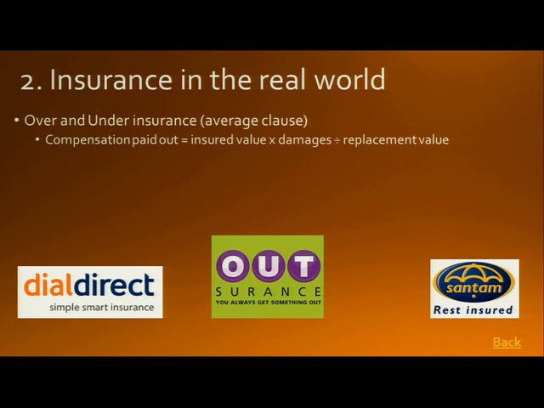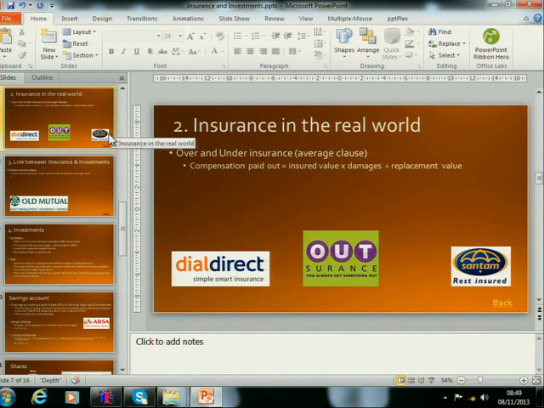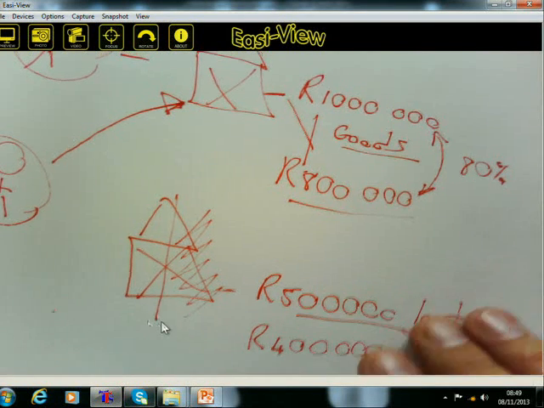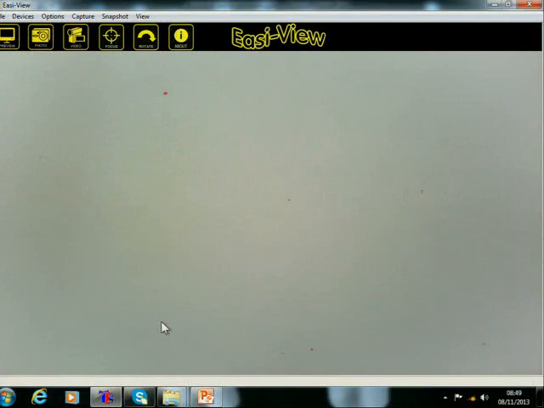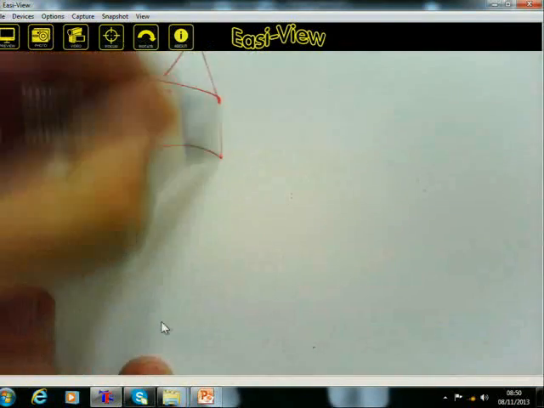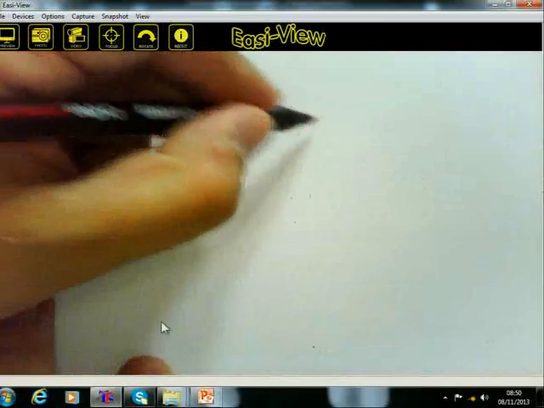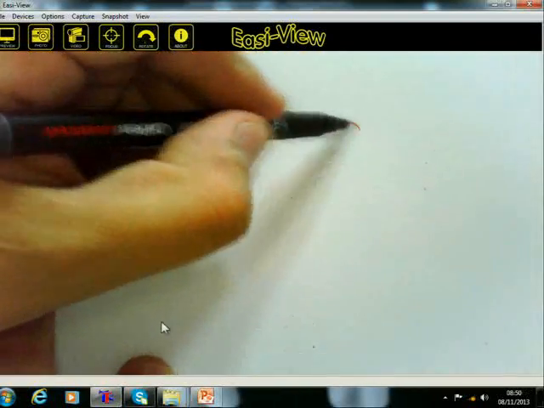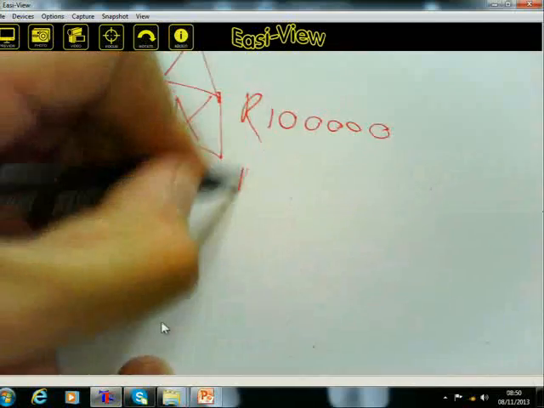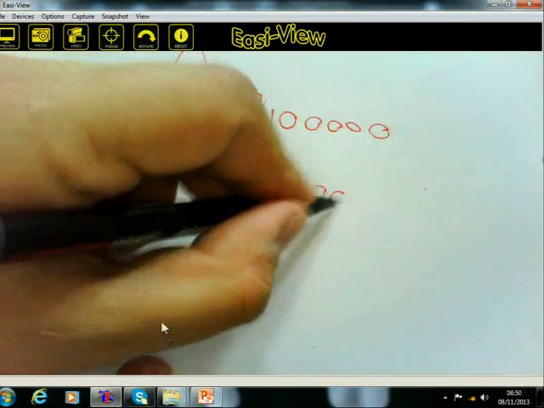Let's say we turn this around, and I'm finishing off with this before we can quickly go have a break. Let's say we turn this around. Let's say my building is worth R1 million, and I insure it for 1.2 million Rand.